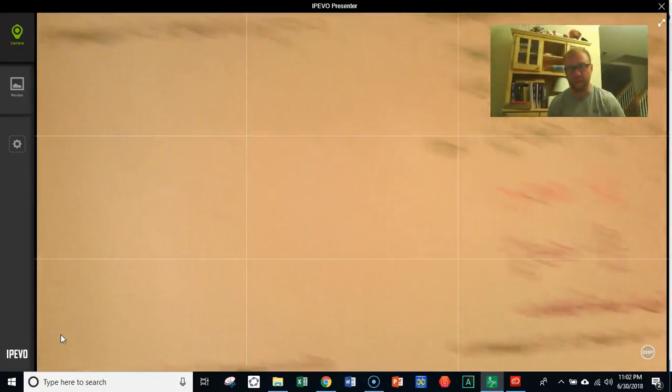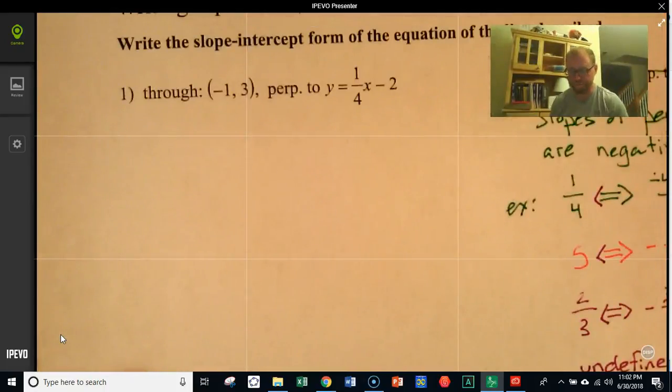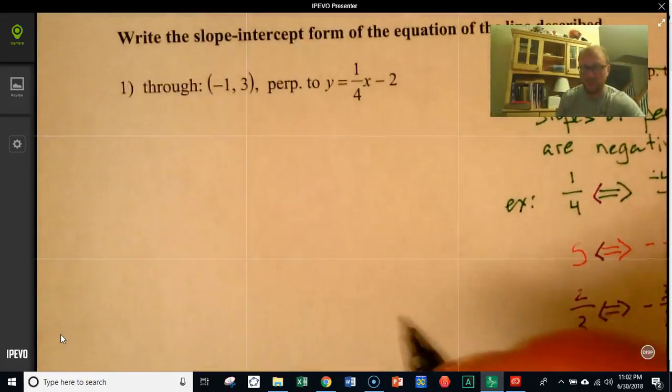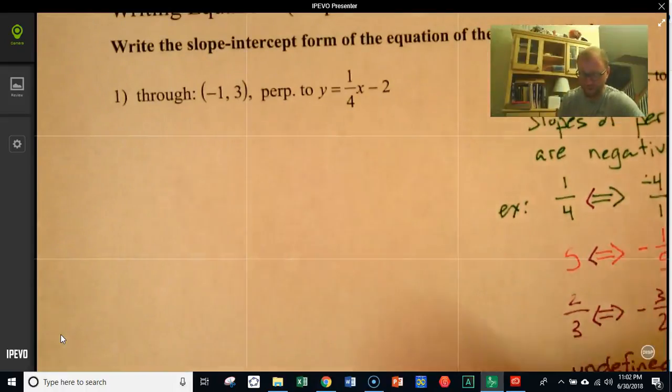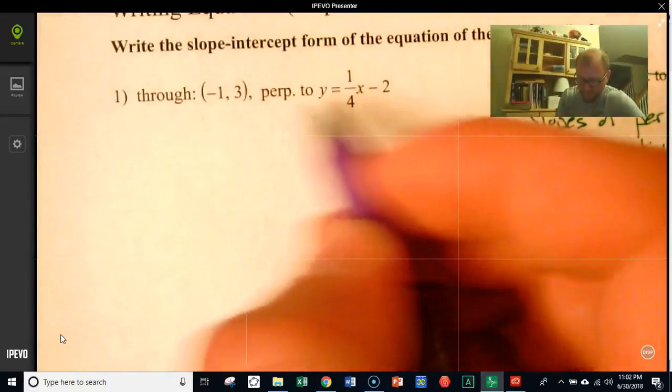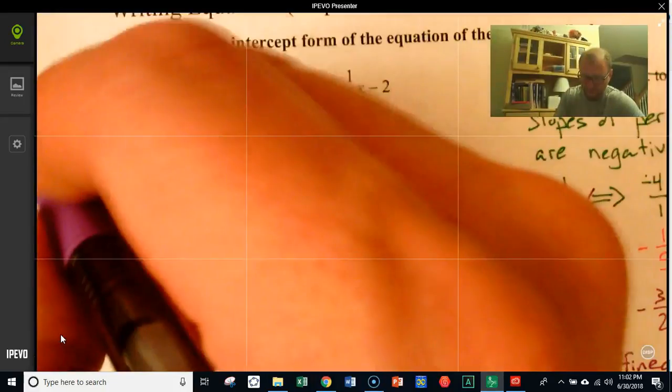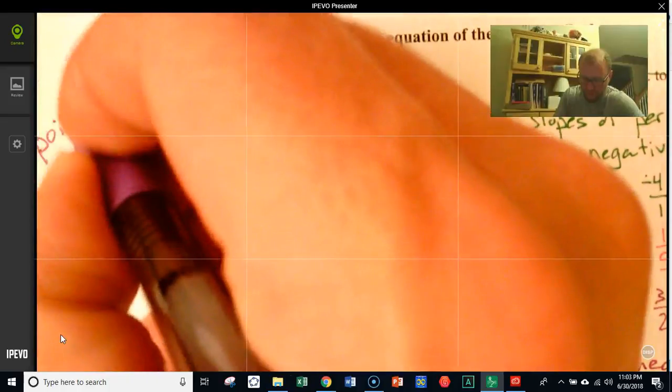We're going to do this pretty much like we did parallel lines. So we're going to do two different methods. One uses the point-slope equation, and one uses the slope-intercept equation. So for the point-slope, and I'll just go label this point-slope.